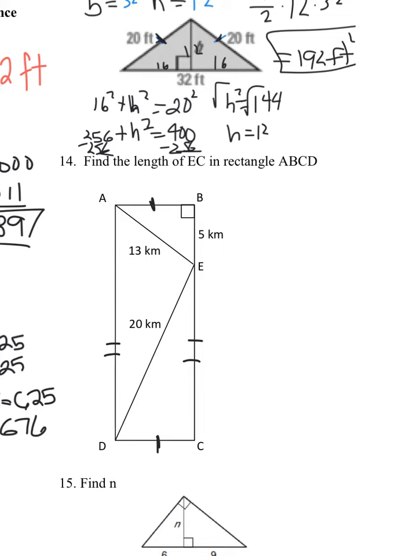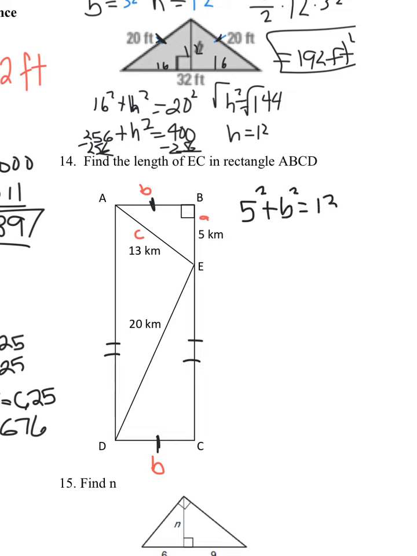We'll start here with A, B, and C, and once we find B, it's also going to match it down here. Now, for what it's worth, this is a Pythagorean triple. Obviously it is because it makes a right triangle, but it's one you should know. So if you know what it is, you can skip this little part, but you're going to have to do Pythagorean theorem otherwise to find B.